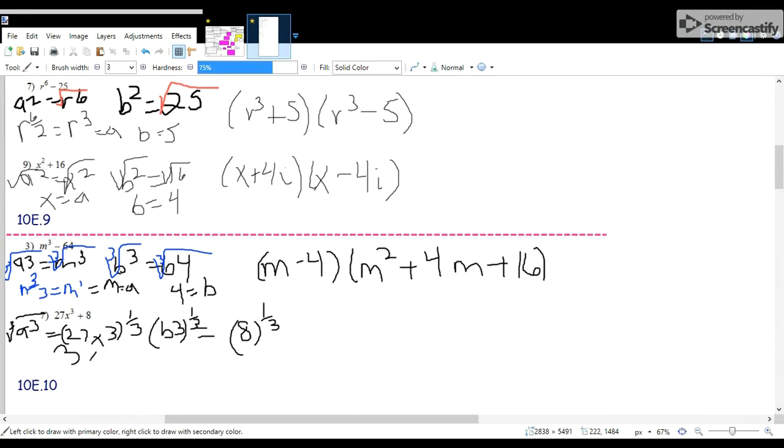The cube root of x cubed is just x. So a equals 3x. And b is going to equal 2. 2 times 2 times 2 is 8. So we'll go ahead and put that formula in. So a plus b, so 3x plus 2 times a squared, so that's 9x squared, minus a times b, which is 6x, and then plus b squared, which is 4.